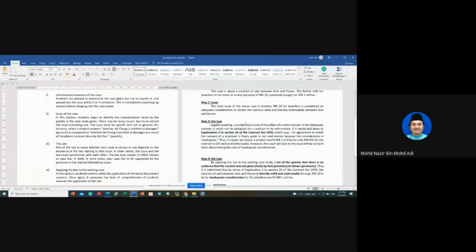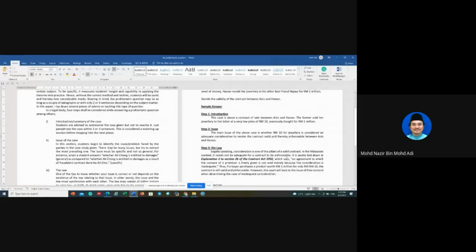In other words, we cannot run away from these five steps in order to answer problematic questions. If you fail to follow one step, you might lose several marks because you don't follow the answer scheme. Any questions?